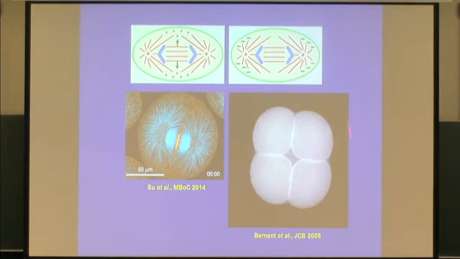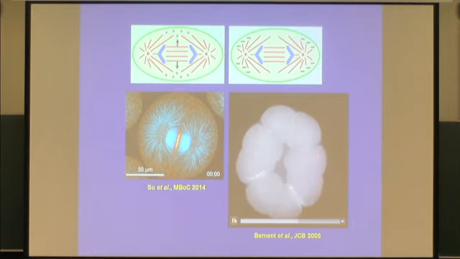What you see here is a movie by Bill Bement and George von Dassow, and what they found, using a novel reagent at the time, a fluorescent reporter for the activity of the small GTPase RhoA, is that prior to ingression of the cytokinetic furrow, a very dynamic zone of activity of Rho GTPase forms on the equatorial cortex of the cell.